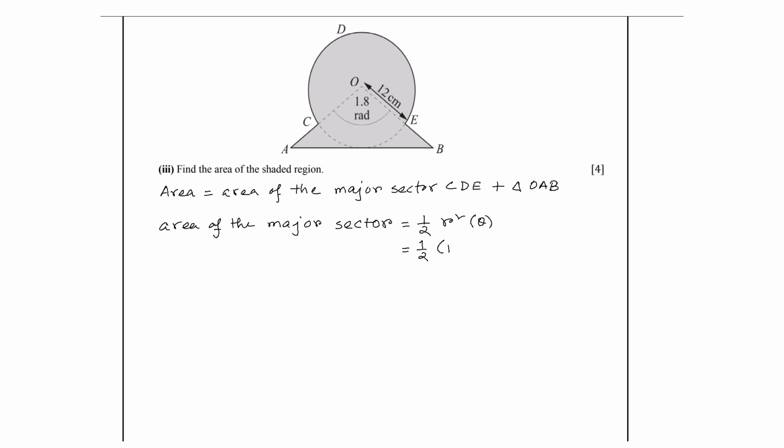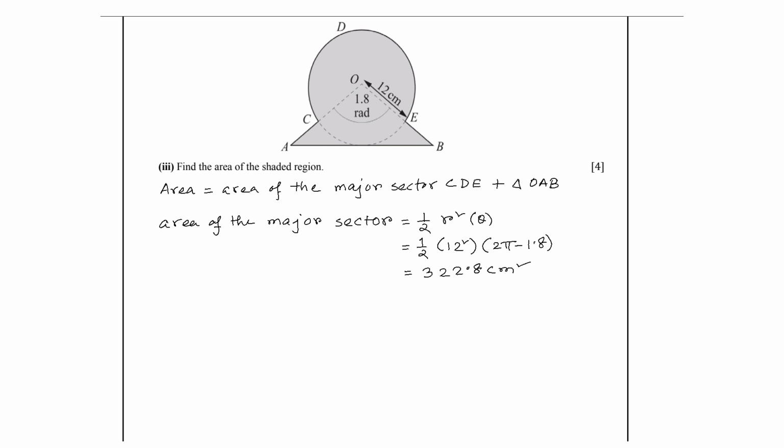So let's write half times 12 squared times 2 pi minus 1.8. Using the calculator in radian mode, we can write the value is 322.8 centimeter squared.